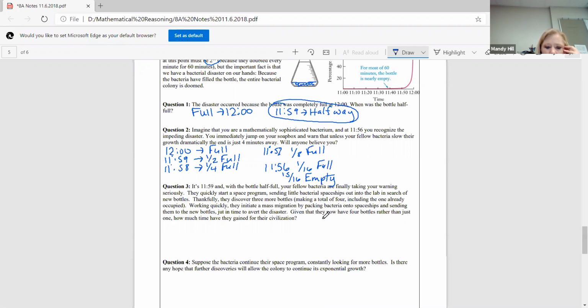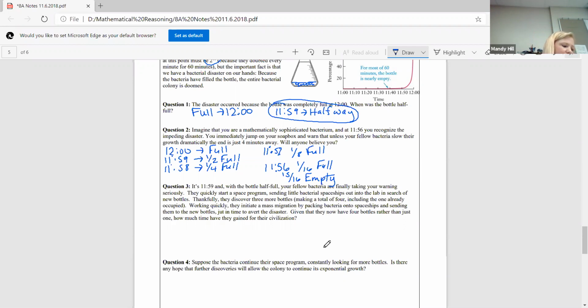Working quickly, they initiate a mass migration by packing bacteria onto spaceships and sending them into new bottles, just in time to avert the disaster. Given that they now have 4 bottles rather than just 1, how much time have they gained for their civilization?